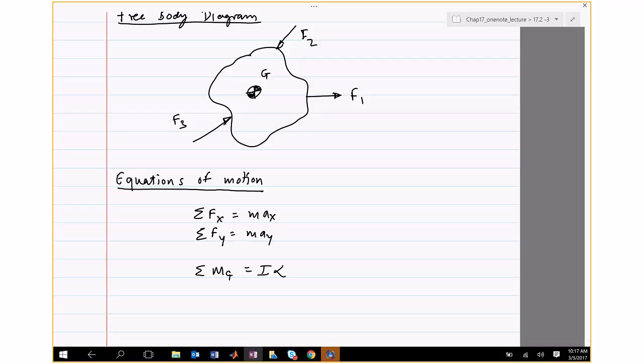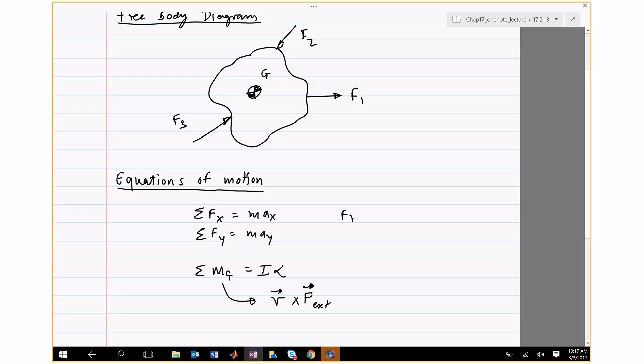How do you exactly compute M_G? You basically find the force and the distance from the center of mass and just take the cross product. So this is r crossed with F, for all the external forces.